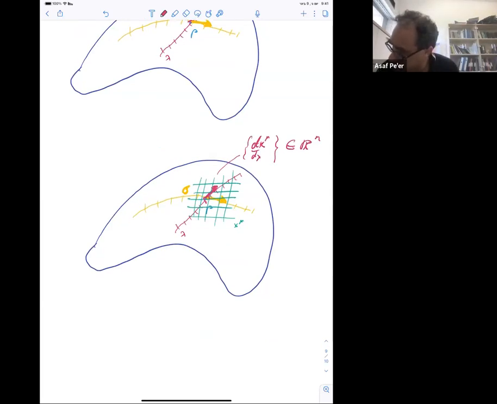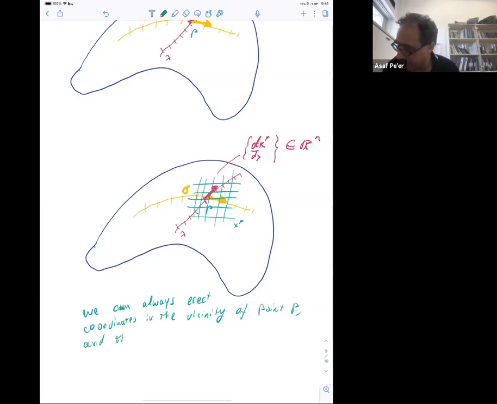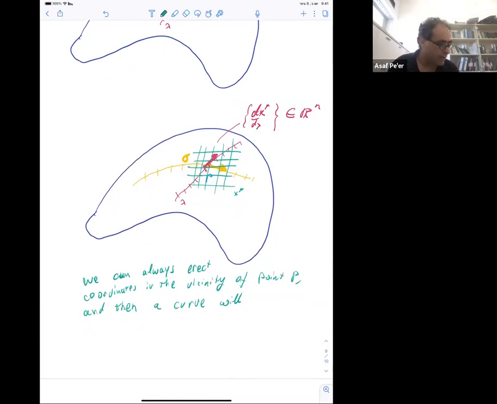Okay, you're all with me? Do I need to write it down? Maybe I should write it down. We can always erect coordinates in the vicinity of point P, and then a curve lambda will define an element in Rn, which is dx mu over d lambda, where n is the dimension of space.